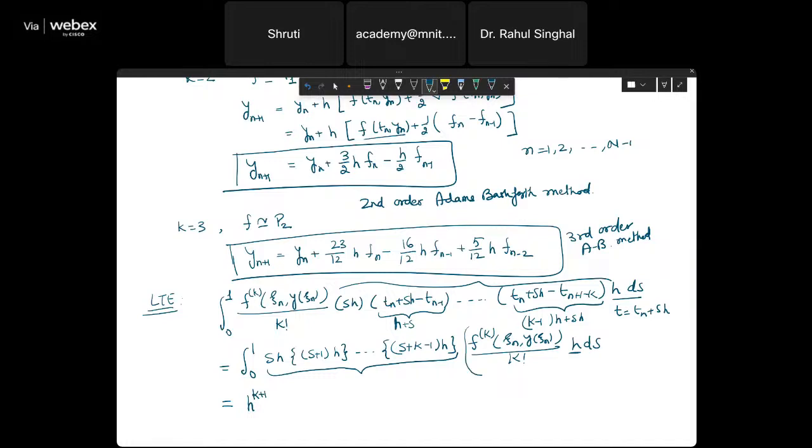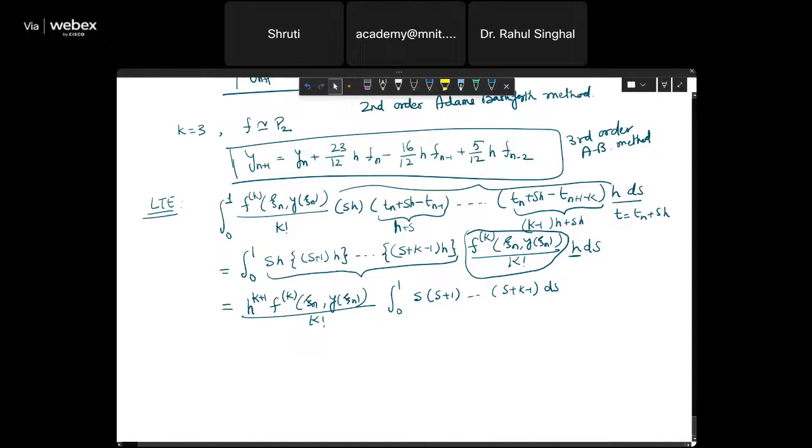Also this term is independent of s, so that also I can take outside the integral. Then the integral will be from 0 to 1 with the integrand s plus 1 and so on, s plus k minus 1, ds.